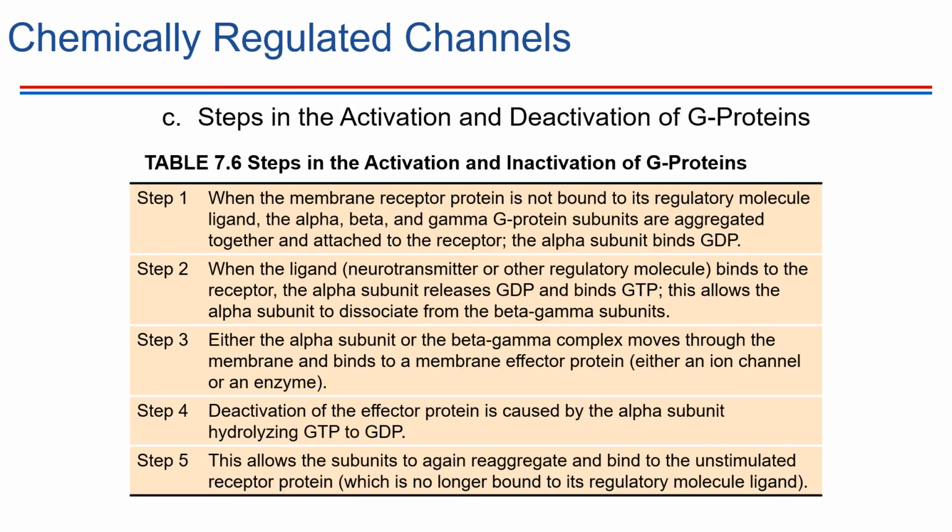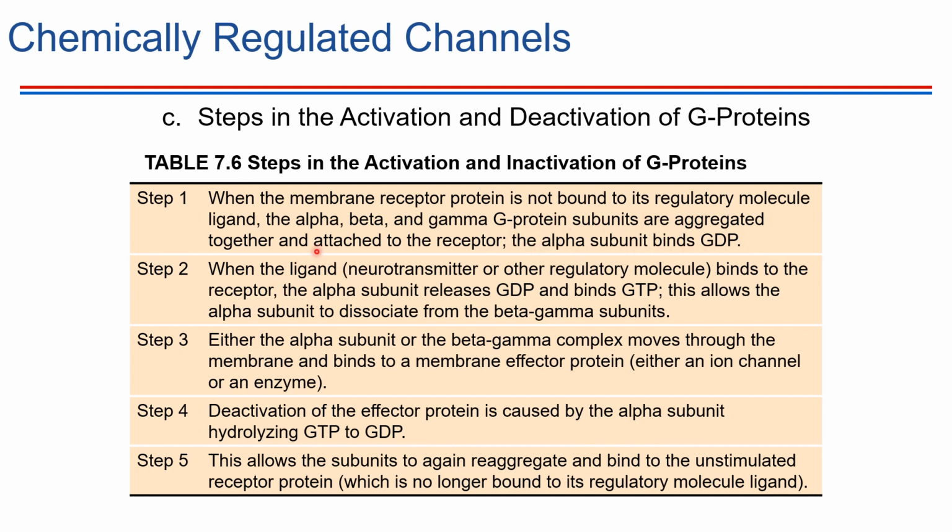This just puts everything in words for you so you can see the words if you like that better. It's the step-by-step process of activating and deactivating that G protein. To summarize, remember when that membrane receptor is not bound, we have this alpha, beta, and gamma complex forming that G protein. The alpha is holding on to its GDP left over from its prior reaction.